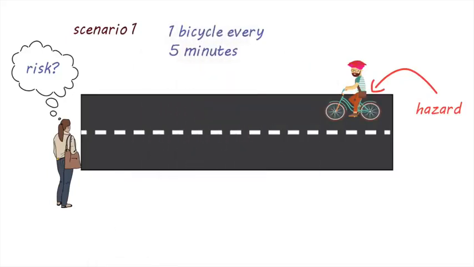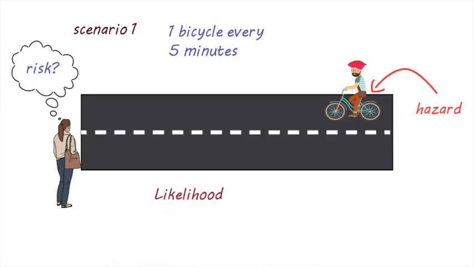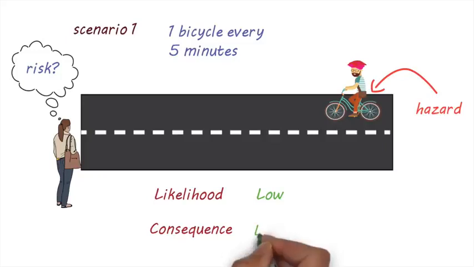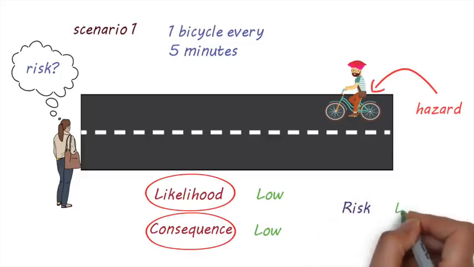Now, because bicycles don't go on that road very often, the likelihood of the bicycle crashing into you is low, right? If the bicycle does crash into you, the consequence of that would be relatively low, wouldn't it? So in this scenario, the likelihood and the consequence are both low. Therefore, the overall risk is low.